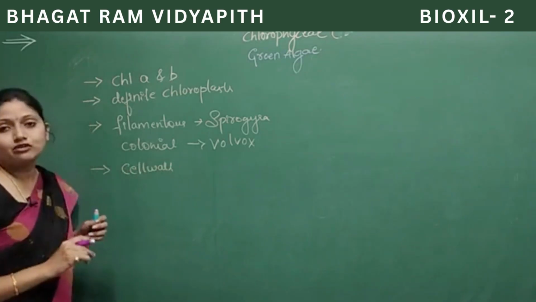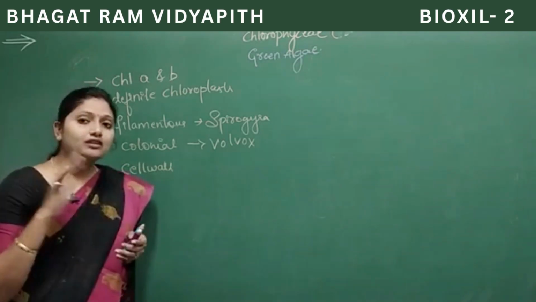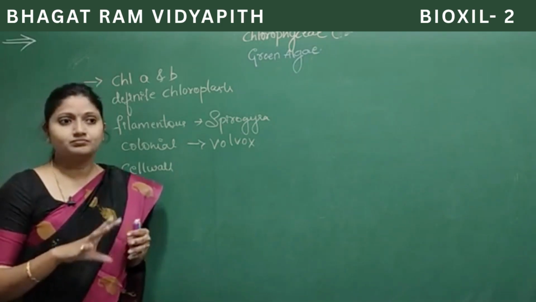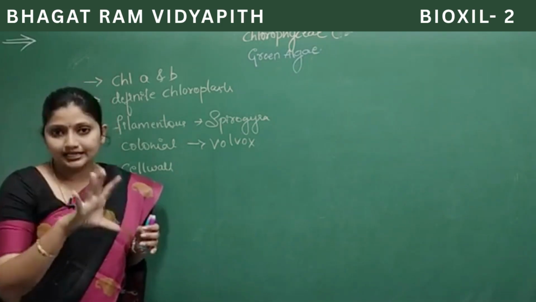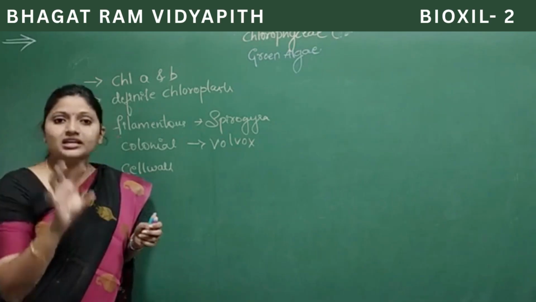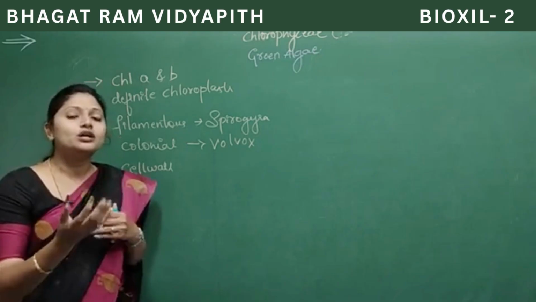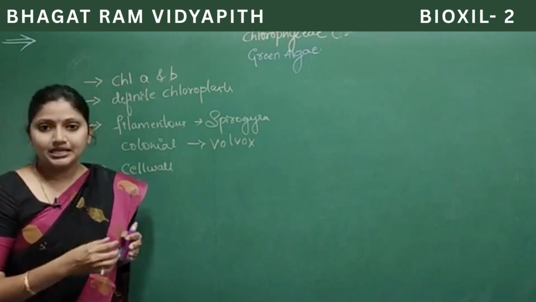Okay. Then speaking about the cell wall. Here the cell wall of algae is made up of two layers, one inner layer and one outer layer, and both are made up of different materials.